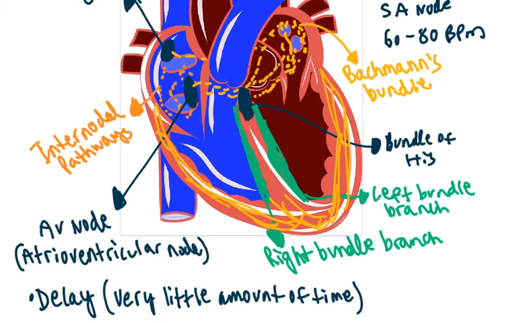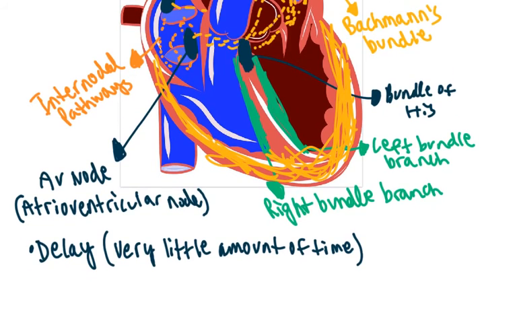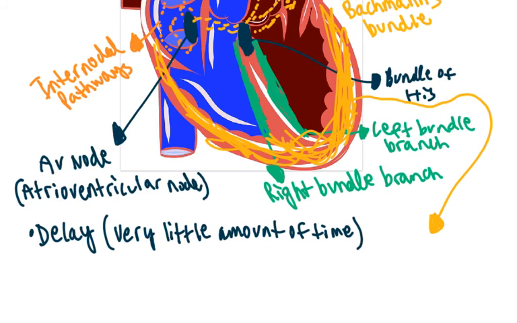The Purkinje fibers are actually scattered throughout the whole myocardium of the ventricles. So the right and left bundle branches will finally send action potentials down to the Purkinje fibers, which will finally help squeeze and contract the myocardium of the ventricles and squeeze that blood either through the systemic circulation or pulmonary circulation. So these are our Purkinje fibers.